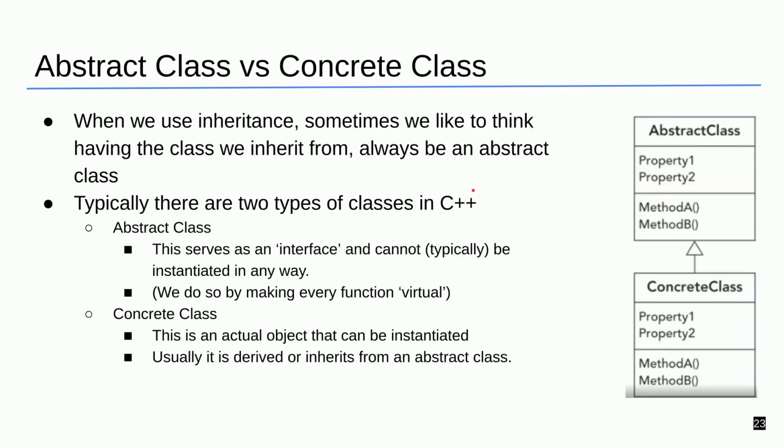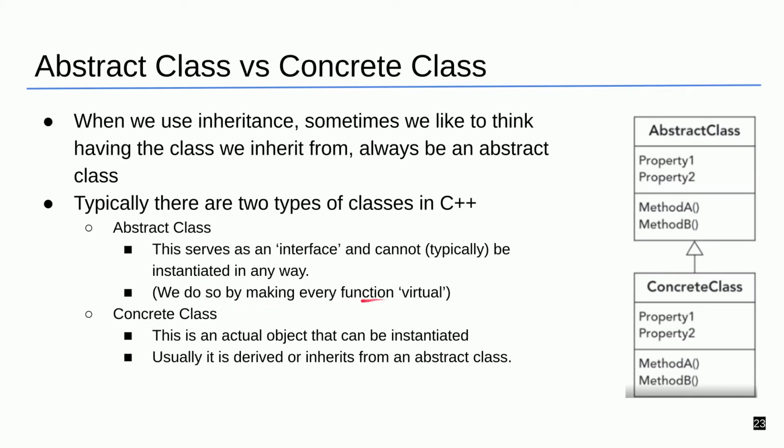Okay, we can also have different types of classes when we're talking about inheritance: abstract classes versus concrete classes. This will be a little bit more familiar with people who have Java experience because I believe they make this an explicit keyword. But in C++, again, we can have an abstract class which just serves as an interface and cannot typically be instantiated anyway.